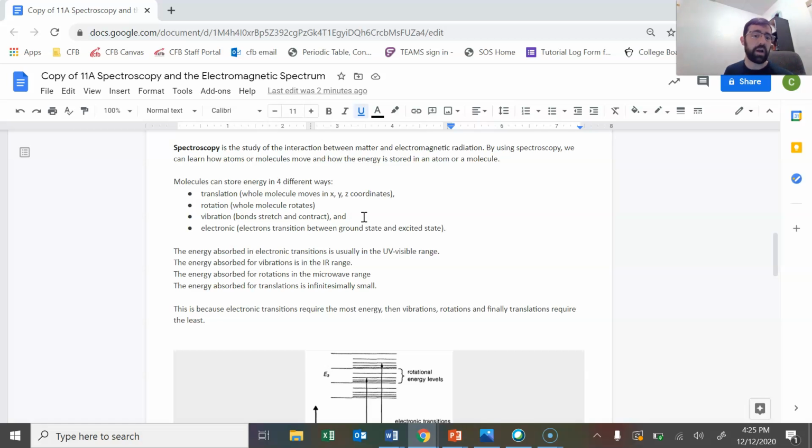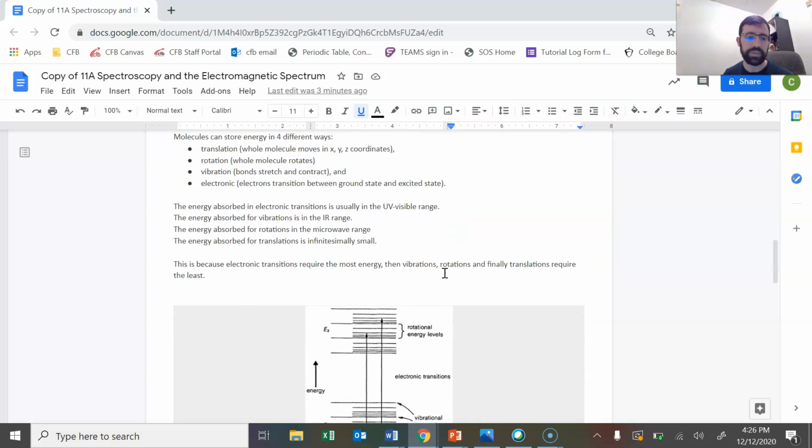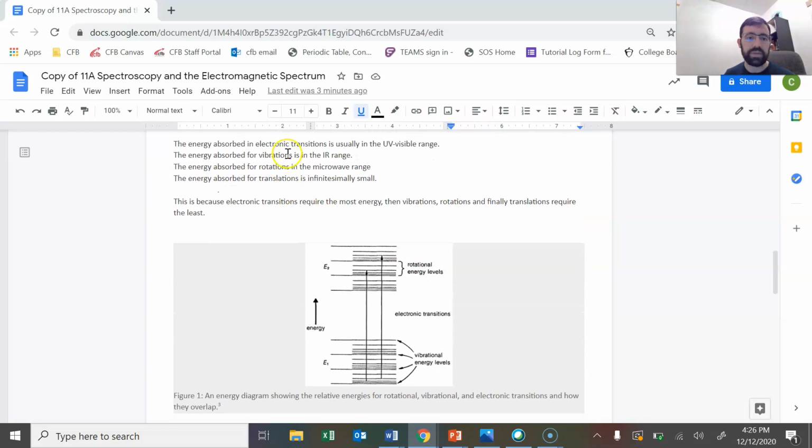Then electronic energy storage, that is when electrons will jump to a higher energy level or fall to a lower energy level. So it's a transition between the ground state and an excited state. The energy absorbed in electronic transitions is usually the UV visible range. So that is electronic transitions.